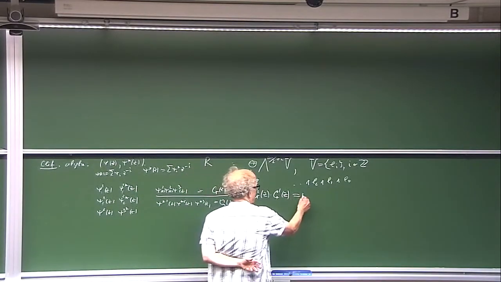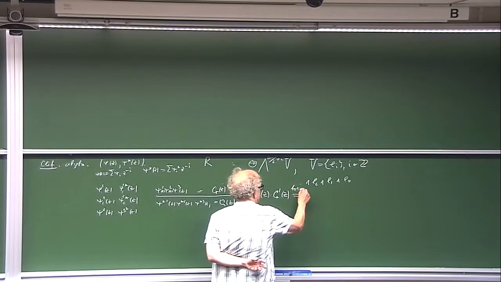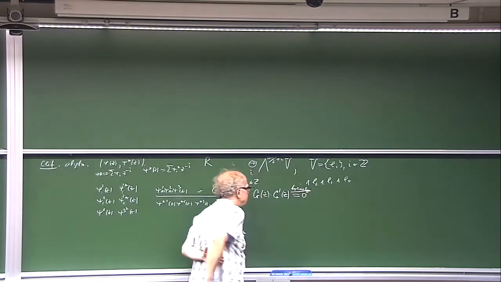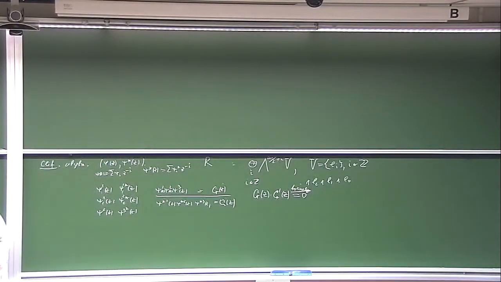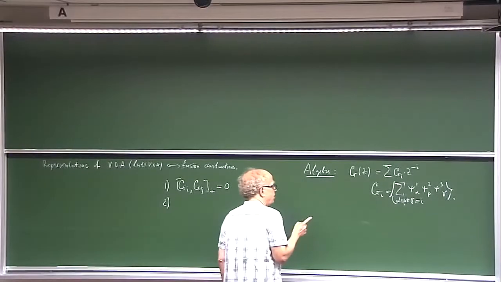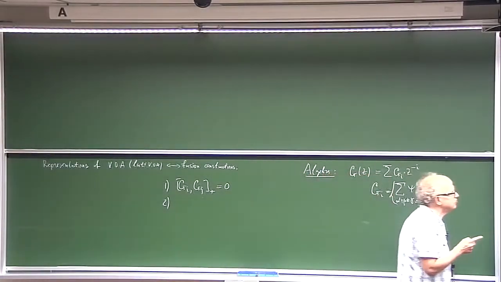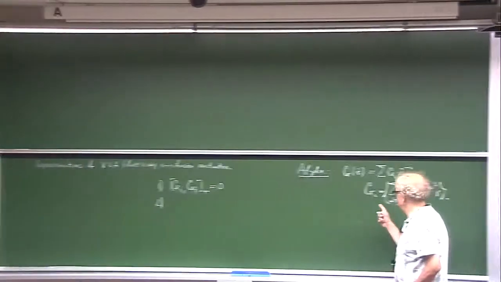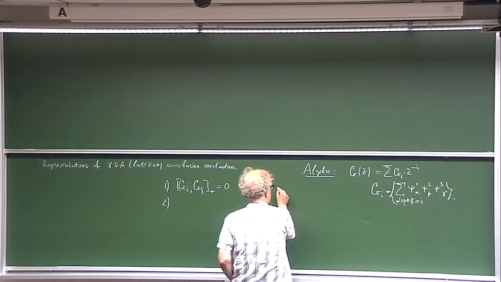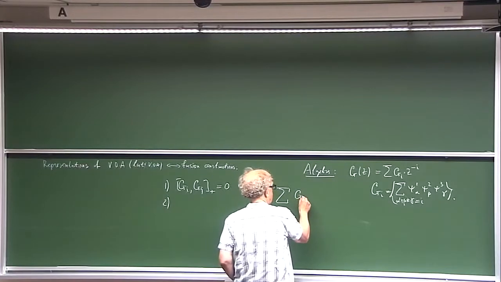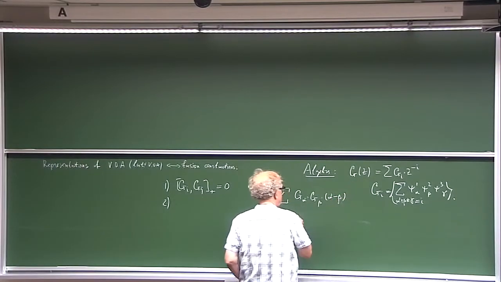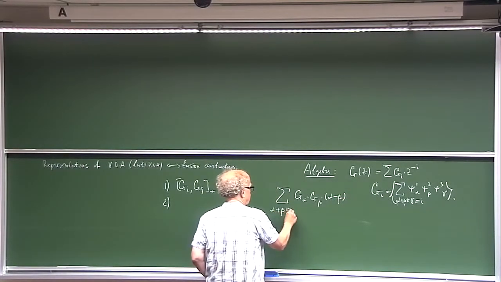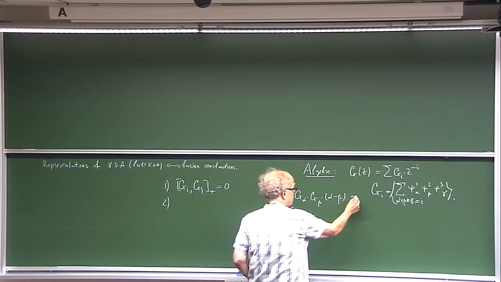At least it is true formally, but actually, not formally but literally. It means that the corresponding G_i satisfy the condition which follows from here. If you look at it in components, it is the sum of G_alpha times G_beta times (alpha minus beta), with alpha plus beta equal to any s. Such a sum is 0.